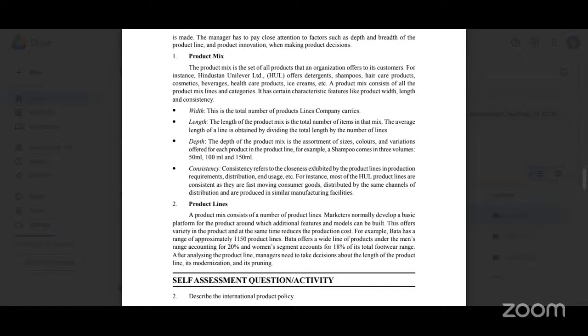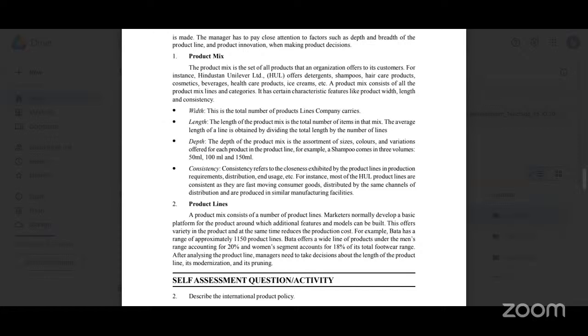The next one is the length. The length of the product mix is the total number of items in that mix. The average length of a line is obtained by dividing the total length by the number of lines. So suppose we are talking about Hindustan Unilever, and it offers, say, two detergent types, then how many are there in that particular line?